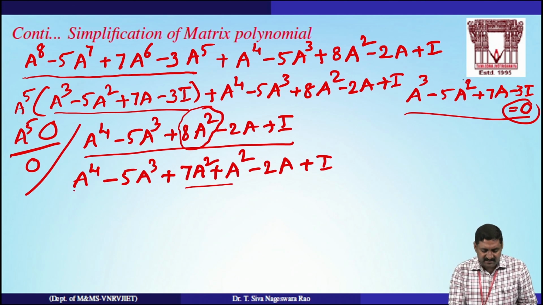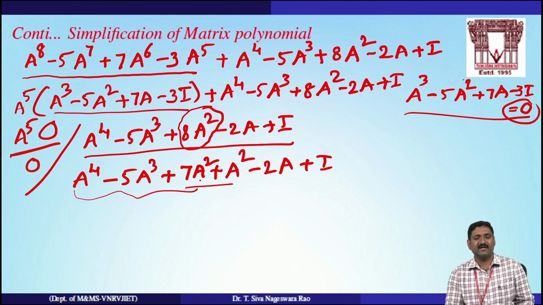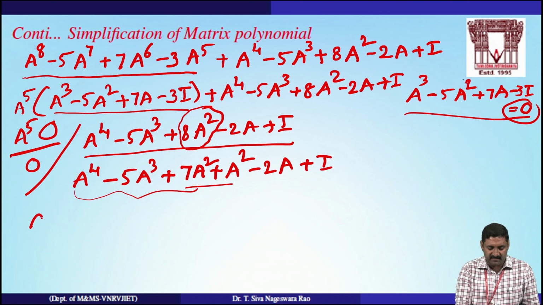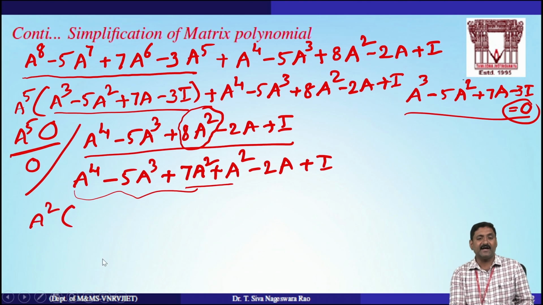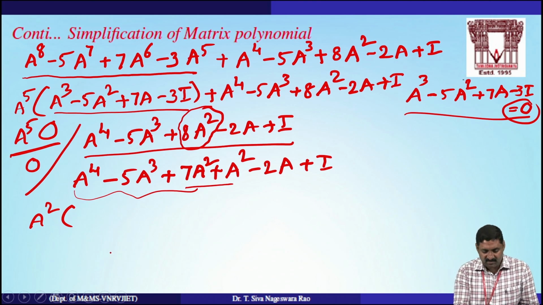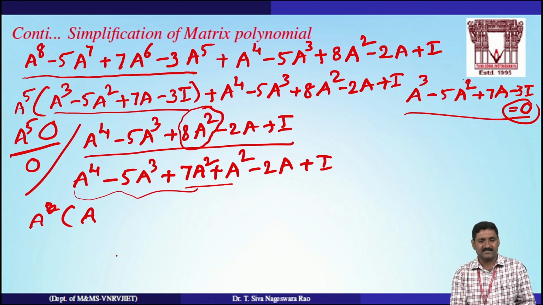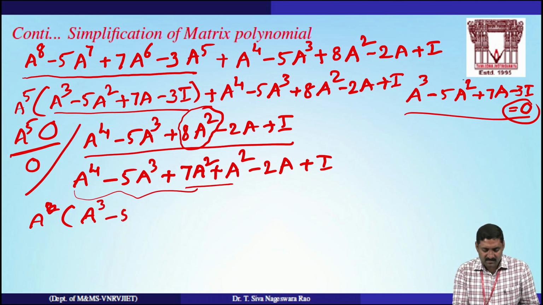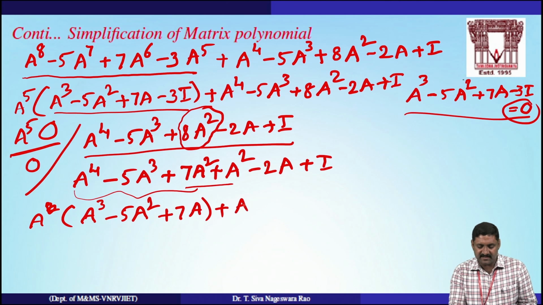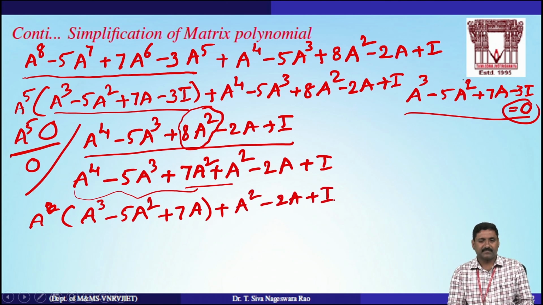Now from these 3 terms I am going to take out A as common. Sorry, take out A as common, not A square. A into A cube minus 5A square plus 7A, plus A square minus 2A plus I.